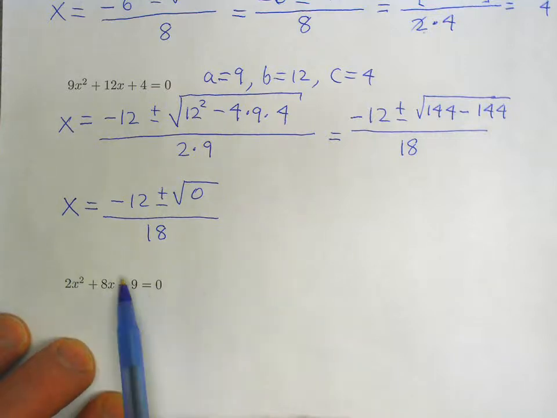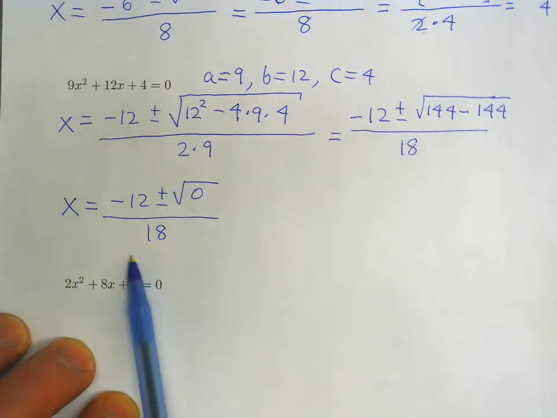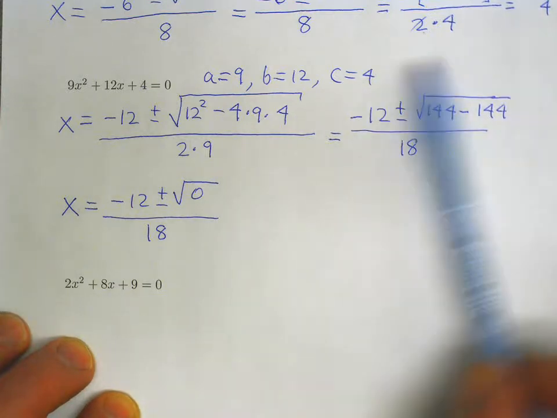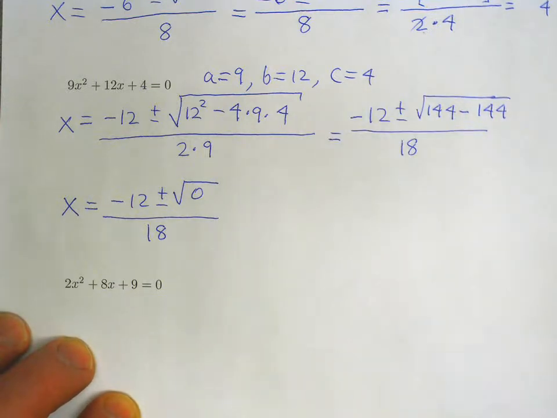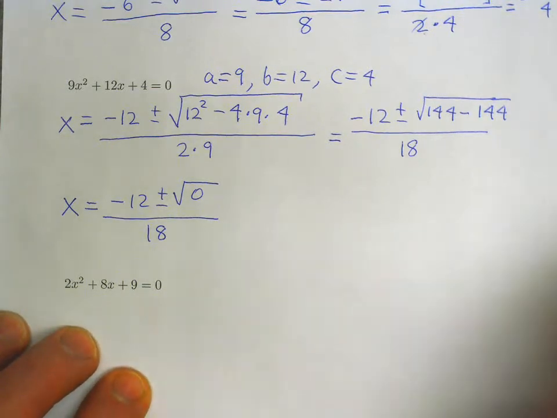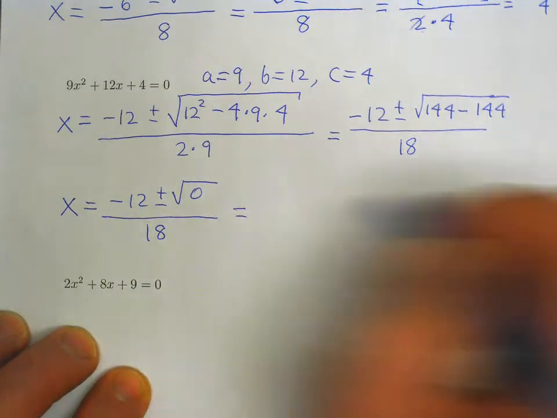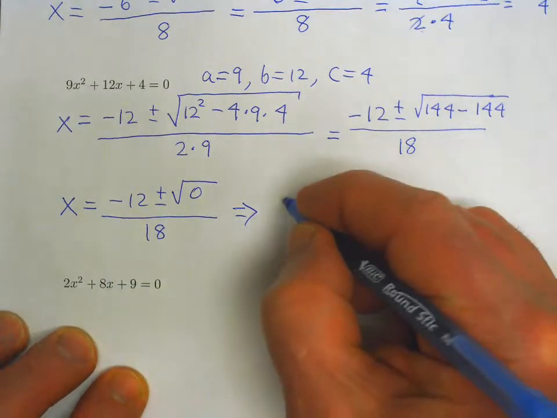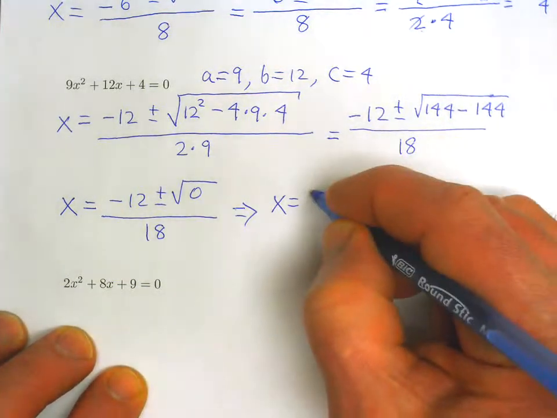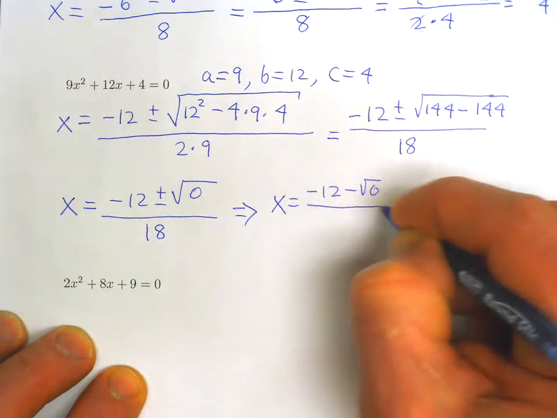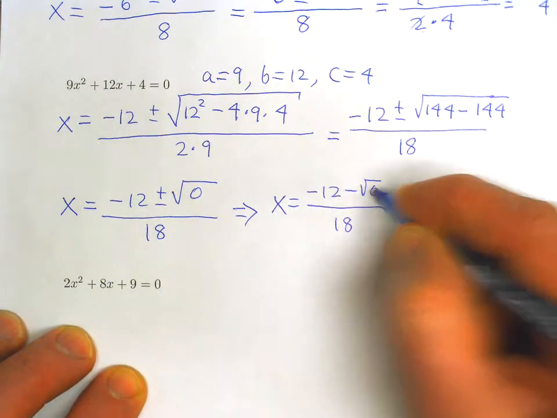I'll go into a little more detail, if there's some question about why we say that there's one repeated real solution. Well, let's write one of the solutions as x equals -12 minus the square root of 0 divided by 18.